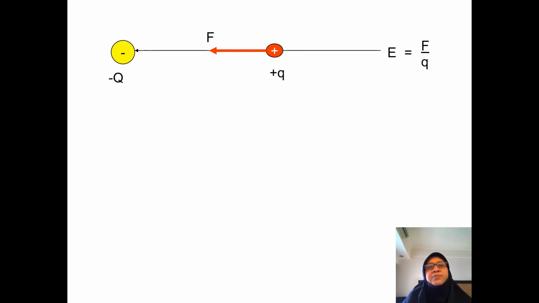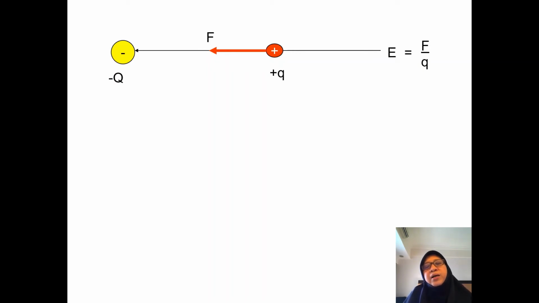That means it is radially inward. That's why for a negative point charge, the direction of the electric field is radially inward. It follows the direction of the force experienced by the test charge.